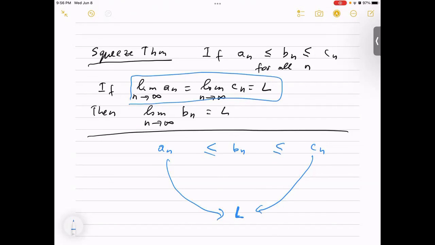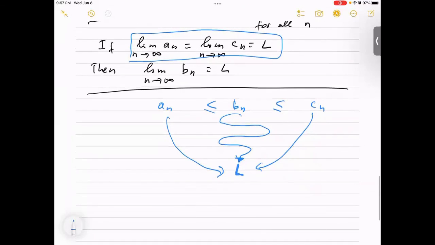Then b_n, which is in the middle, will be staying in between these two, a_n and c_n, on the left and the right. It might go a little bit close to a_n, it might be a little bit close to c_n, but it has to be in between. So it has nowhere to go but to the same destination point as both a_n and c_n. And it's important to see that a_n and c_n go to the same limit. If they go to different limits, then we're not going to have the squeeze theorem.